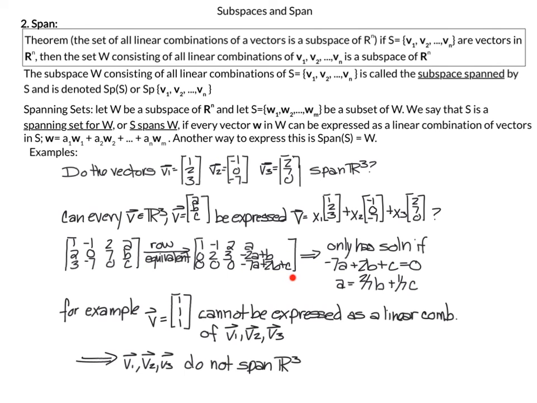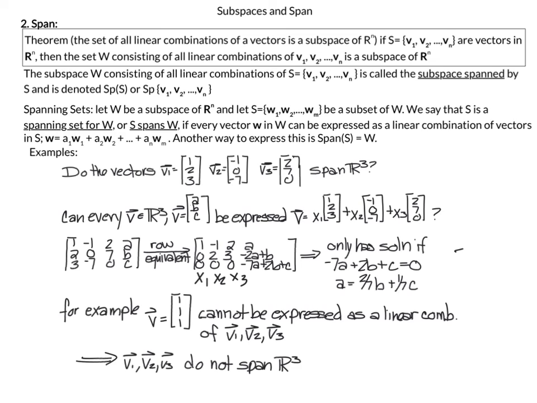It's row equivalent to this matrix, and what we see, and this is x1, x2, x3, this only has a solution, well, looking at this, 0 x1 is 0, 0 x2 is 0, 0 times x3 is 0. So it only has a solution if 0 is equal to minus 7a plus 2b plus c. In other words, a, if I solve in terms of a, has to be equal to 2/7 b plus 1/7 c.